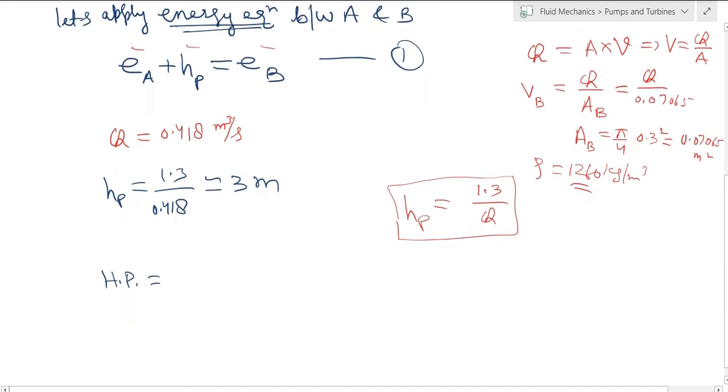So let's just write: horsepower is specific gravity G multiplied by volumetric flow rate Q multiplied by head by the pump HP multiplied by 1000 divided by 102 multiplied by efficiency eta multiplied by 0.746. Okay, this is the formula.